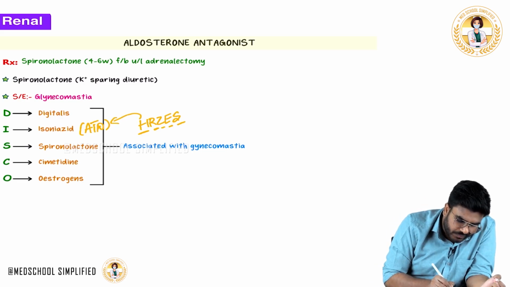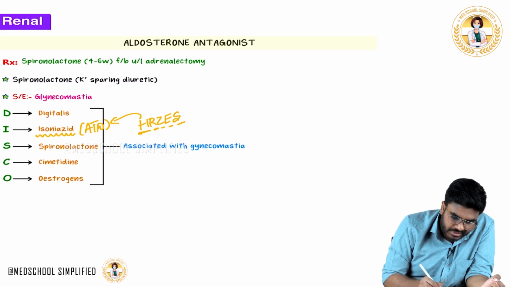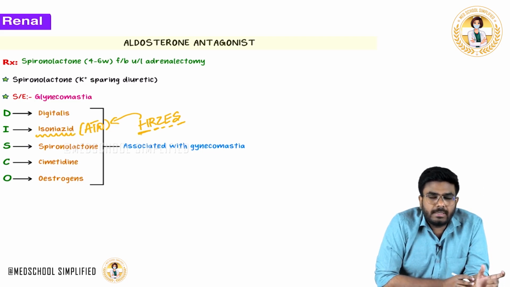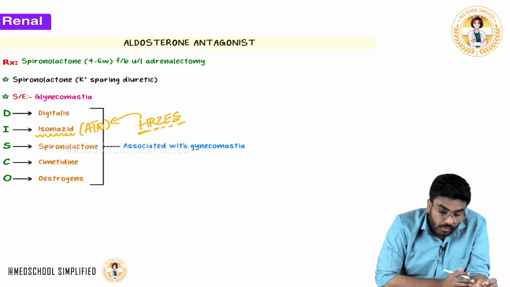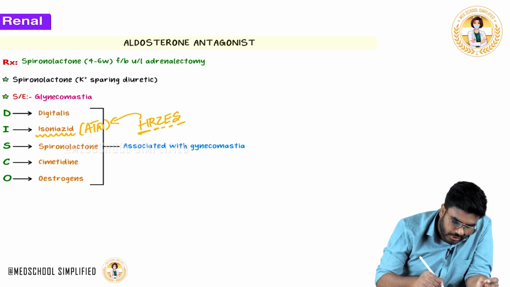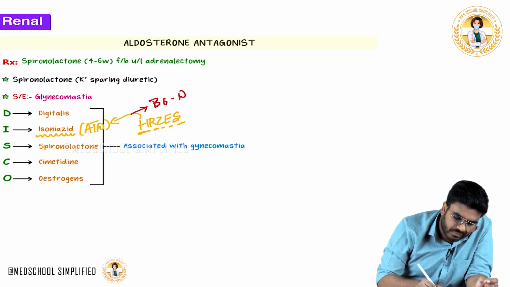The important point is this H for isoniazid. Whenever you use isoniazid, it causes gynecomastia. But there is one more important side effect which you need to know as a doctor. Isoniazid will cause vitamin B6 deficiency.